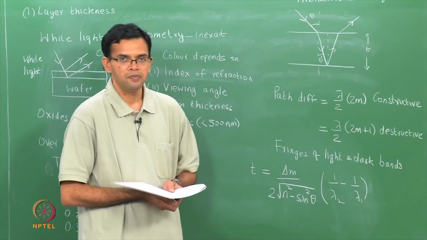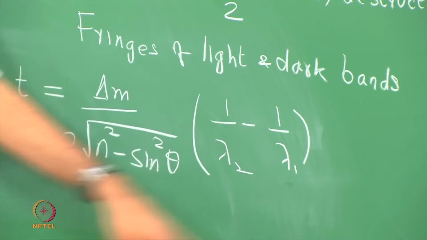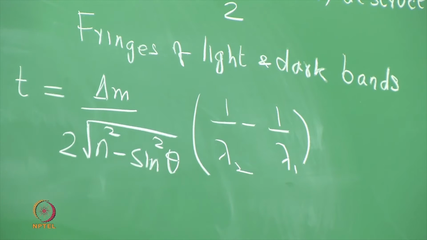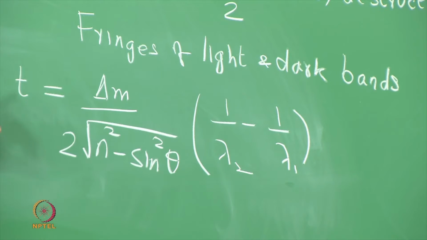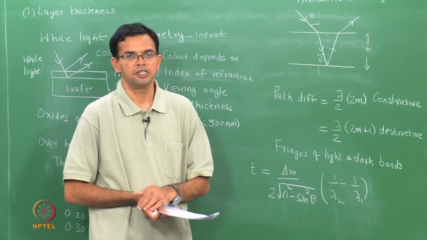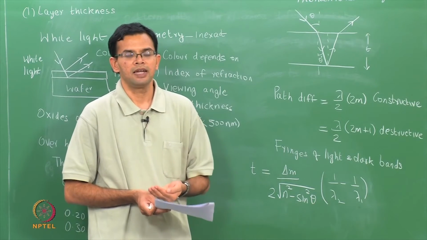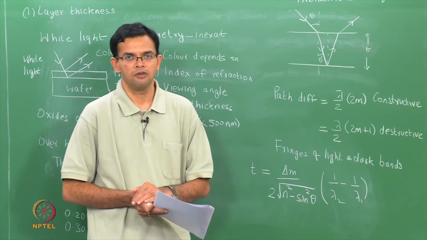So, delta m is the number of fringes between 2 wavelengths lambda 1 and lambda 2, where you have constructive interference. N is the refractive index and T is the thickness of the film. So, this takes the idea of white light interferometry, but by using a monochromatic light gives you a much more accurate measurement of thickness.